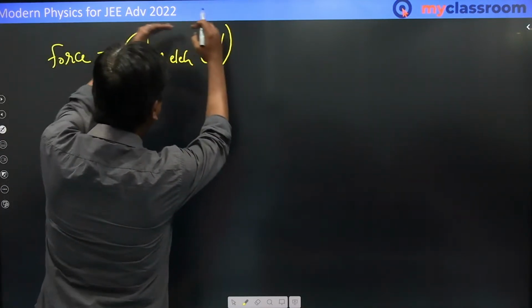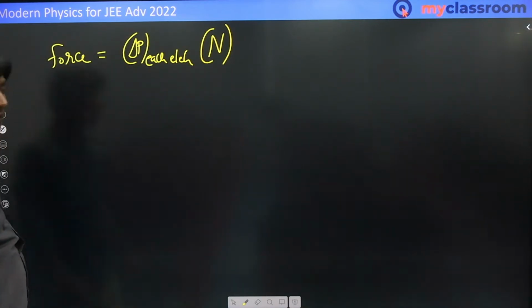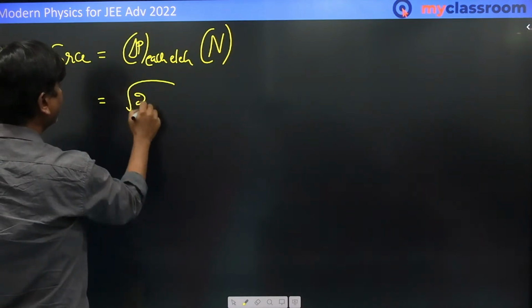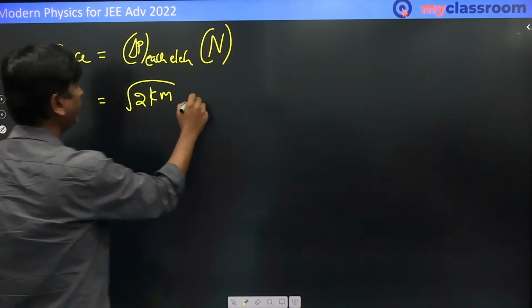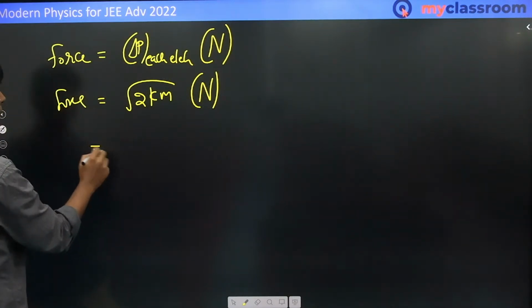The total change in momentum of all electrons per time gives you force, so root of 2Km times n is your force. Rest is only calculations.